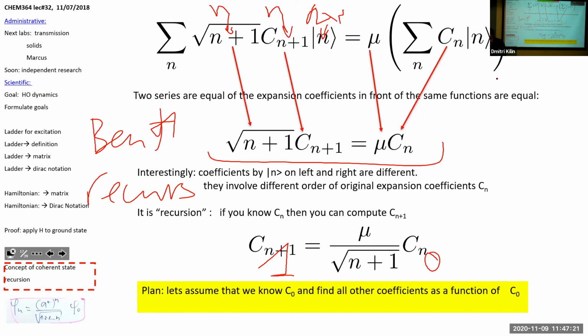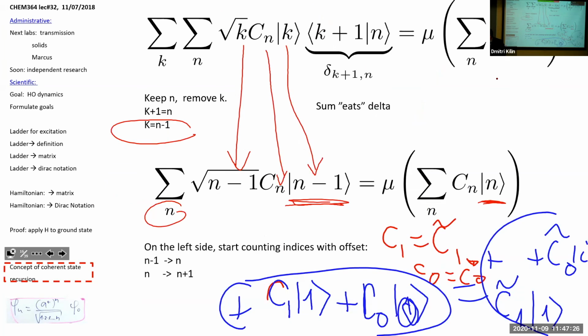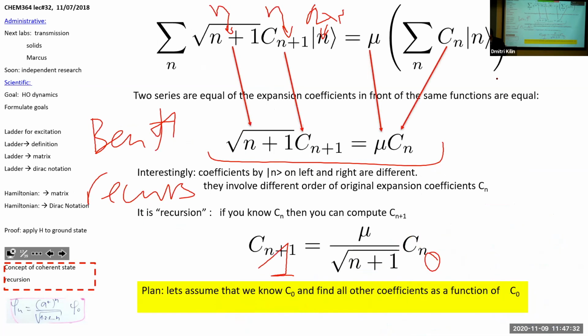So for easier counting, I'm just replacing n minus 1 with n, and then n with n plus 1, to have absolutely the same counting.